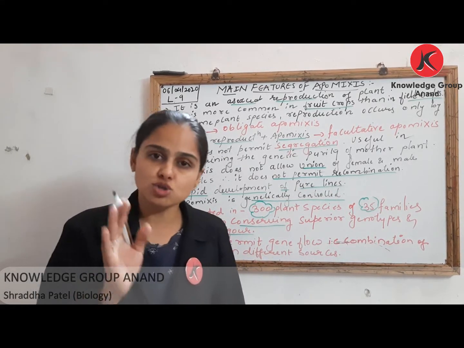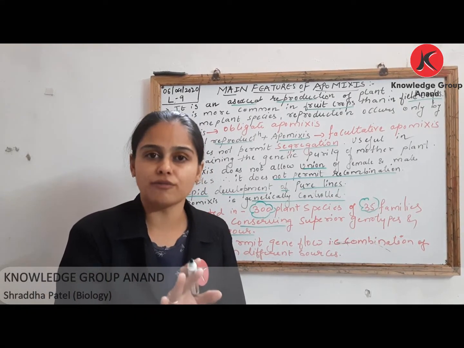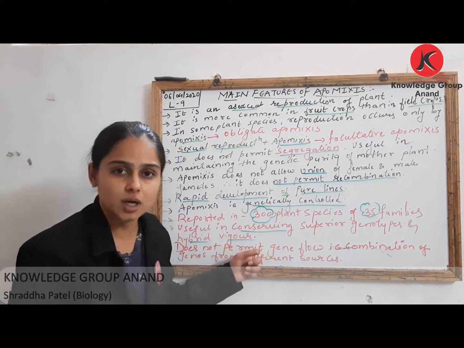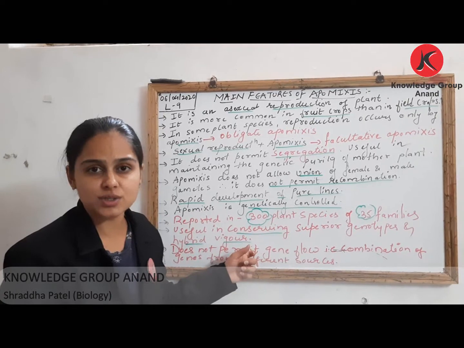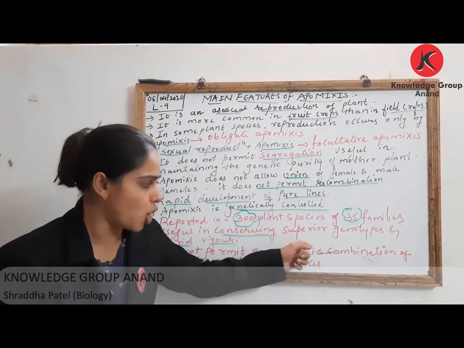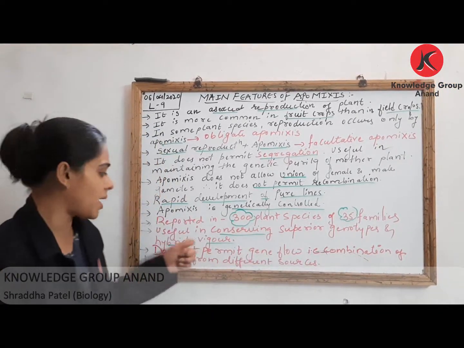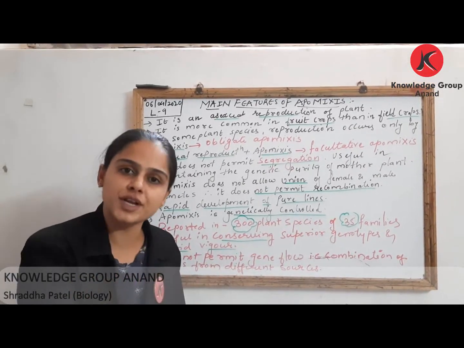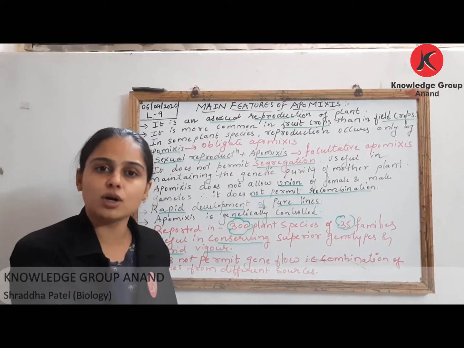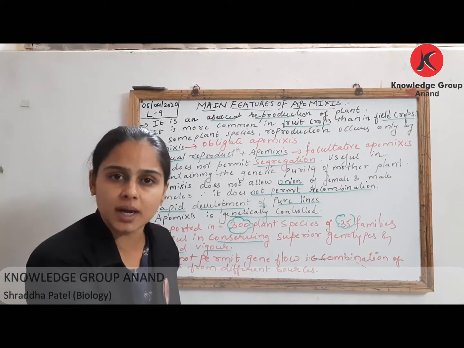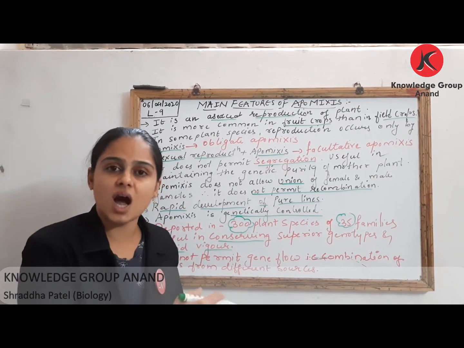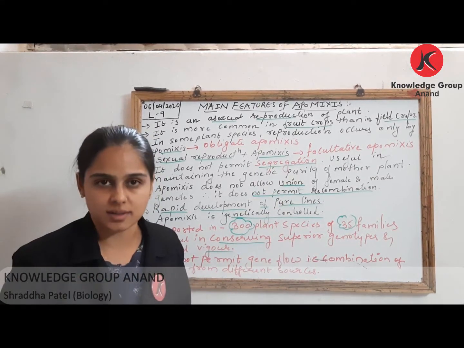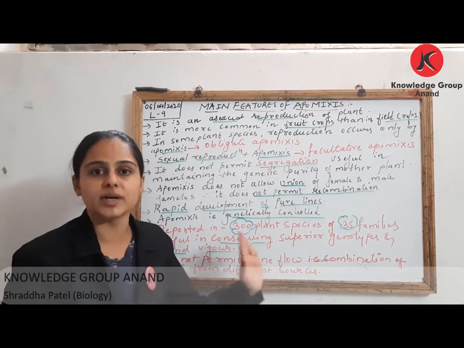So this apomixis is responsible for conserving superior genotype and hybrid vigor. What is hybrid vigor? Offsprings जो बनते हैं after your cross hybrid experiment, your offsprings are superior to both parents. इसका मतलब होता है hybrid vigor.